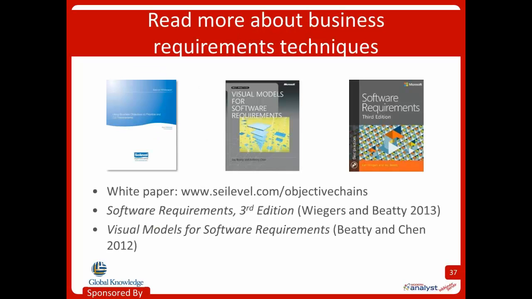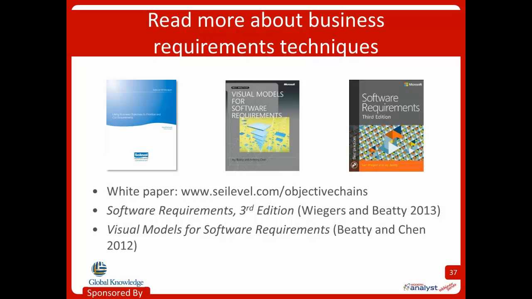Here's a couple other resources I will point you to for more information. I will tell you what I talked about today. Sometimes I think it helps to go back and look at it as a bit more reference material when you actually try and use it on your project. So a couple different resources for you. The first one is a white paper that's all about just those objective chains. I think in particular it's a very complicated concept until you've done it a few times, so we've got some more examples in there.